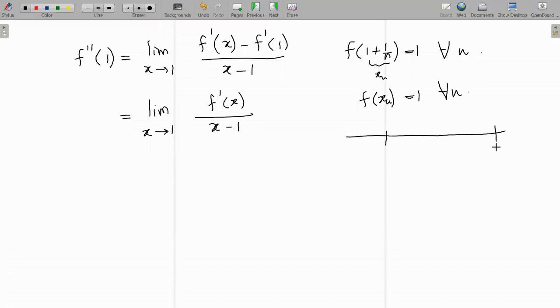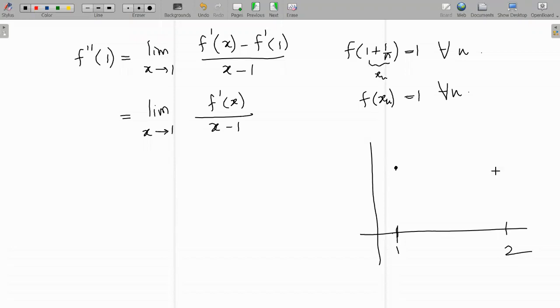So 1 and 2. f of 1 is 1. f of 2 is also the same height. f of 3 by 2 is also 1. f of 1 plus 1 by 3 is also 1.